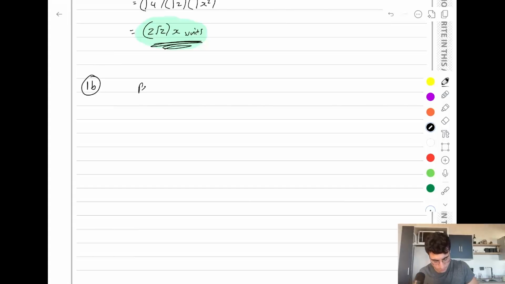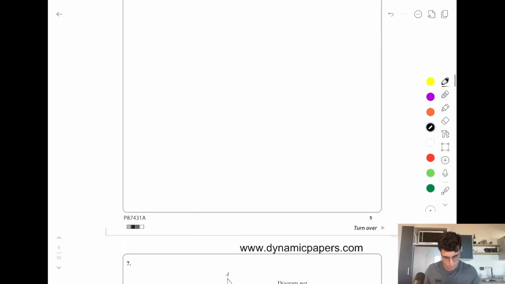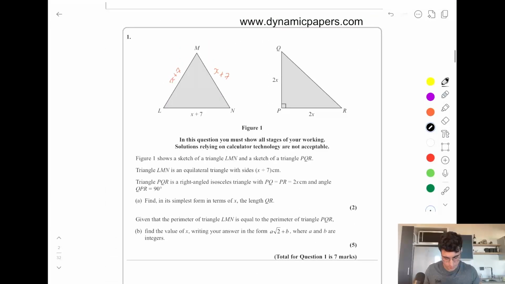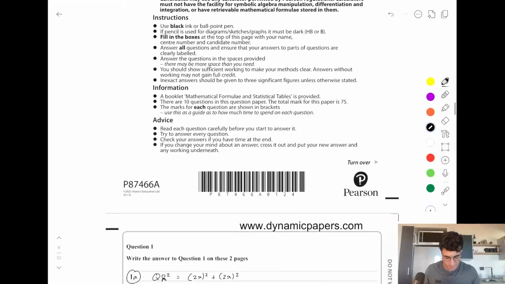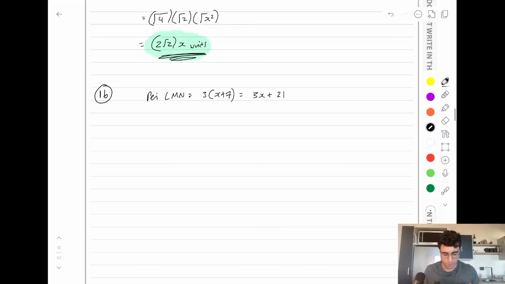Our first perimeter, which was for LMN, that's going to equal 3 times x plus 7, which equals 3x plus 21. Technically it's units, but just for keeping it simple now, I don't want to be adding units to the end of everything.